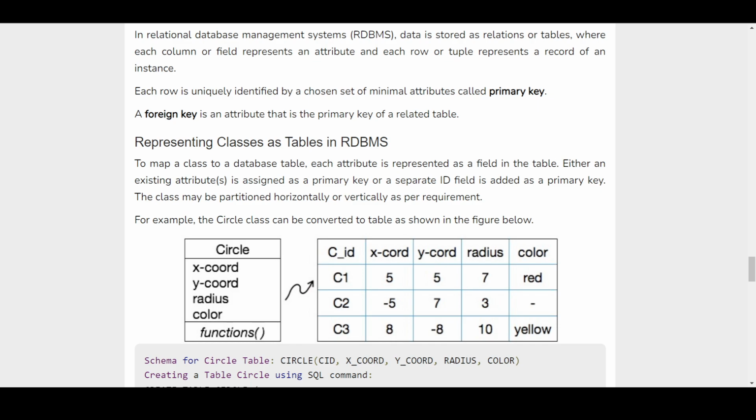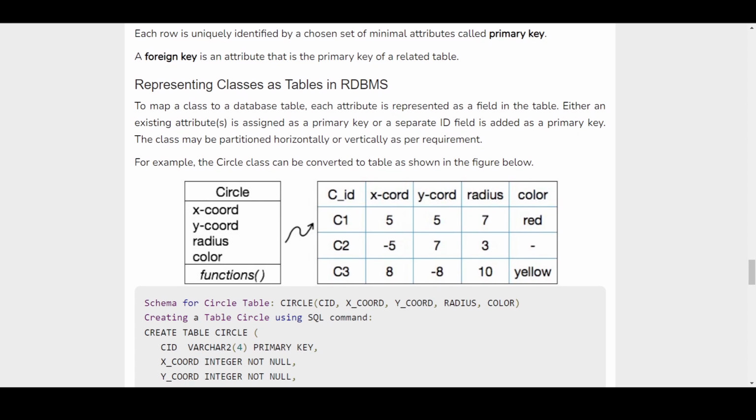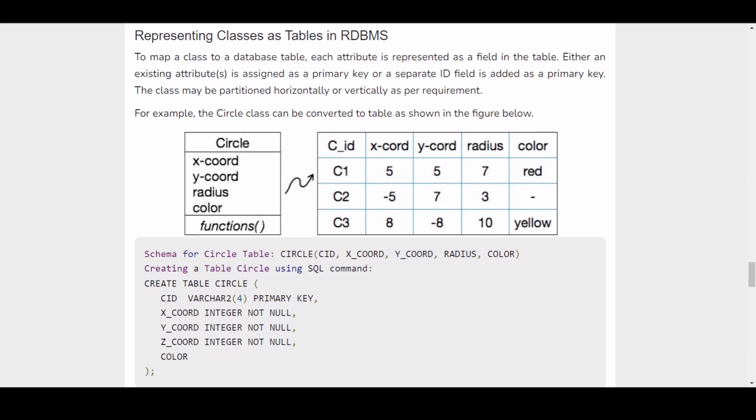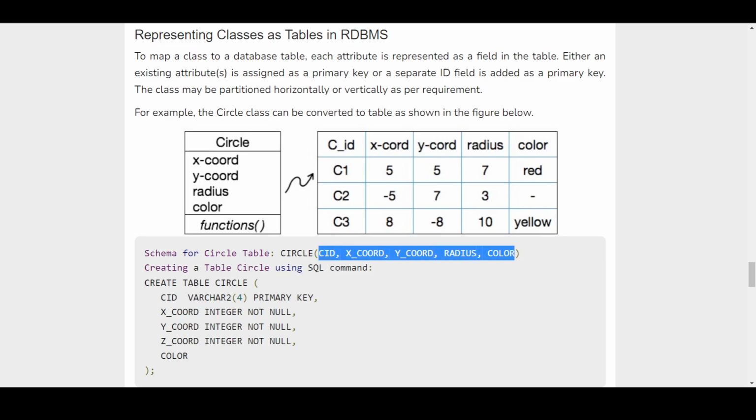The objects here are C1, C2, C3, with the values assigned to them. So what is the schema for this table? Schema for the circle table: Circle, the class name, CID, X coordinate, Y coordinate, radius, color. They are the attributes of the table circle.